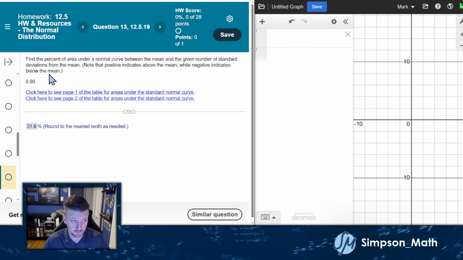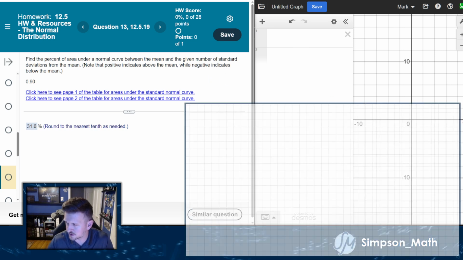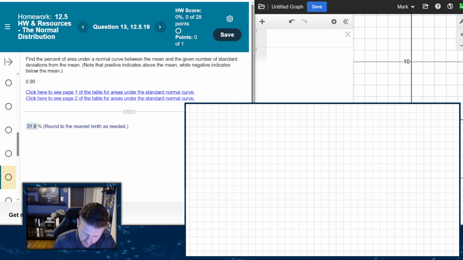So this is find the percent of area under a normal curve between the mean and a given number of standard deviations from the mean. Note that the positive indicates above the mean while negative indicates below the mean. I'm going to put up a picture to start drawing a little bit.